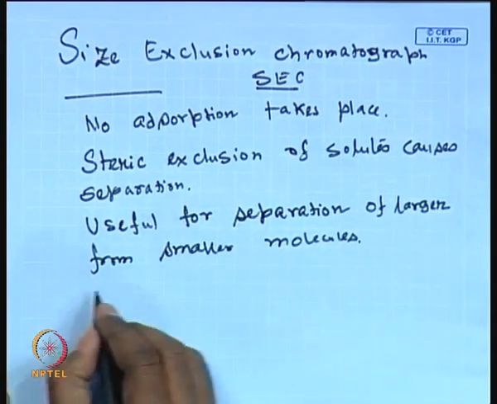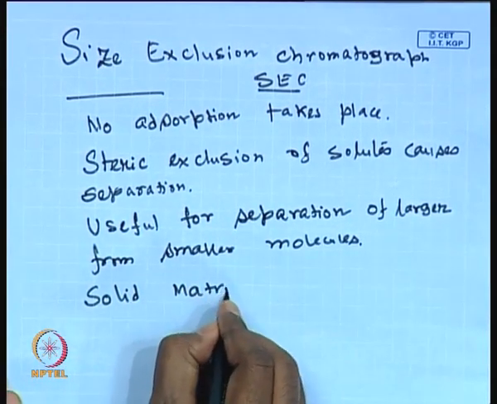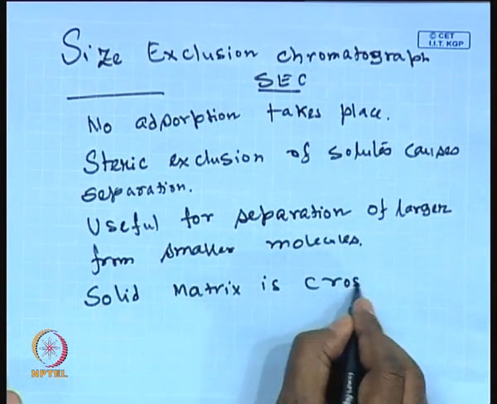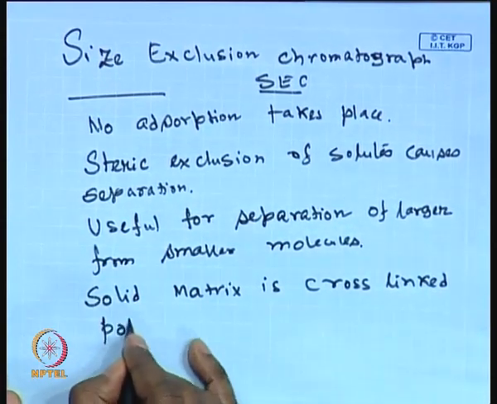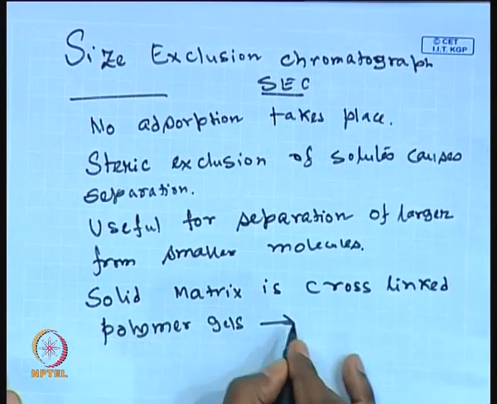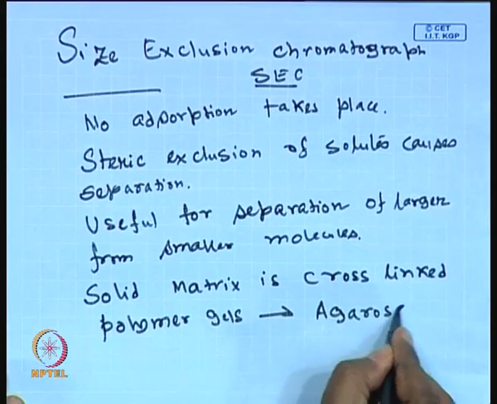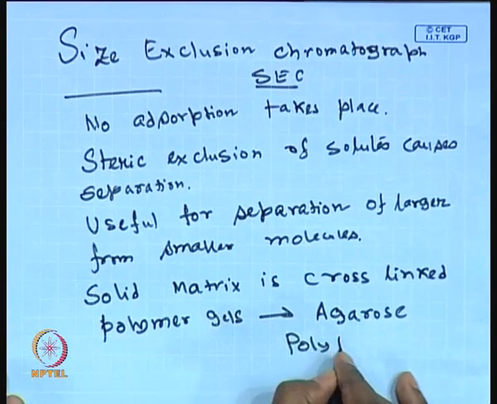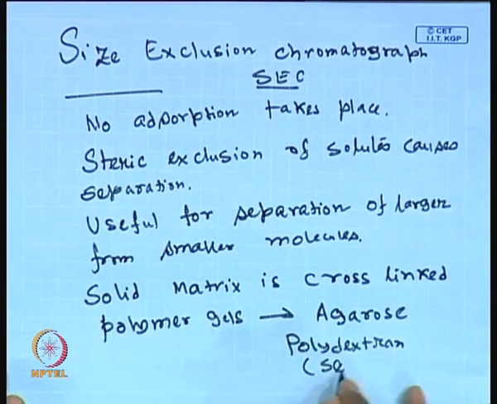The solid matrix is cross-linked polymer gels, for example, agarose, Sephadex, polydextran. This is often known as Sephadex.